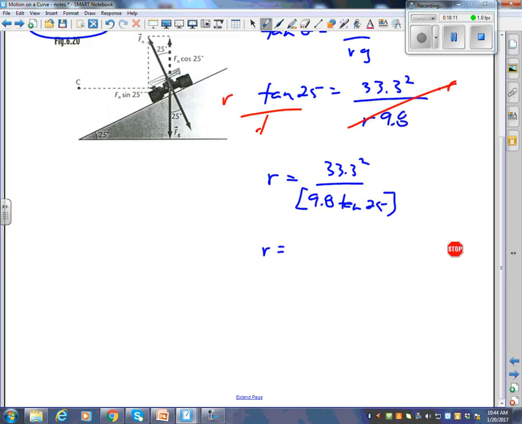And then dividing by tan 25. What do you get? I get 243.43 meters.